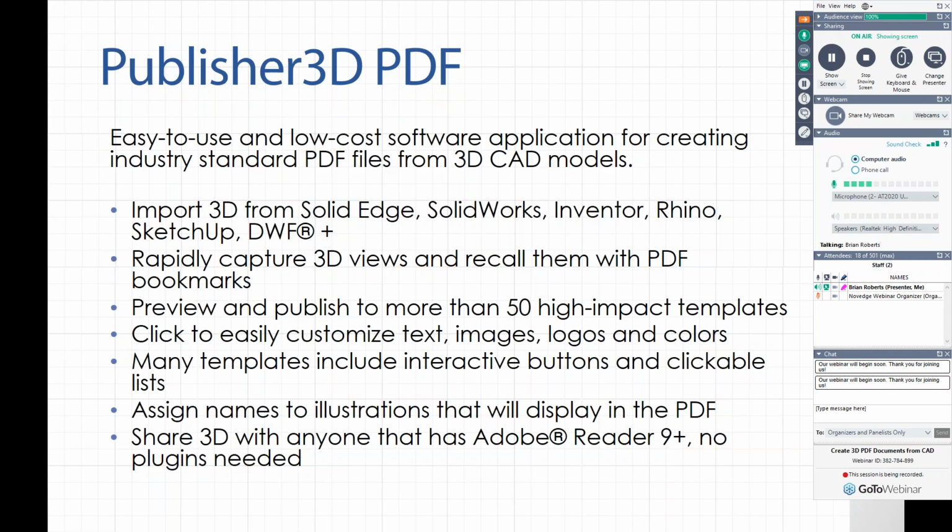I guess I should mention the bottom one there is that when you go to the Adobe Reader PDF format from our software, there's no need to have plugins. I know a lot of other people require you to have some proprietary plugin that goes in with Adobe Reader. We don't. We use the native 3D features that are available within the Adobe platform.